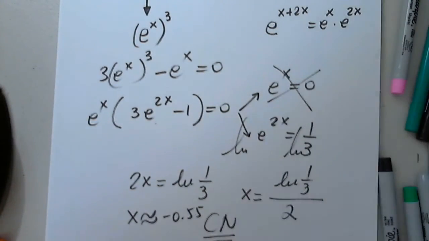This is not a friendly function at all. I keep saying that. And I chose it. So I can't complain. If I chose it, I have to stick with it now. So it was e to the 3x minus e to the x.